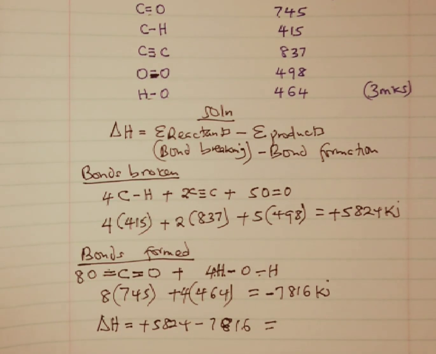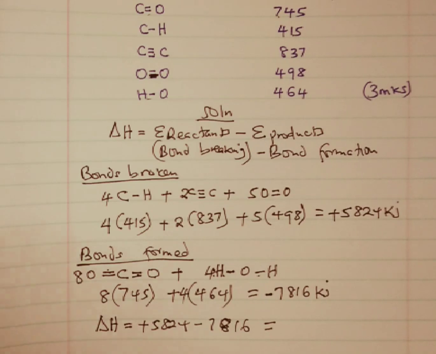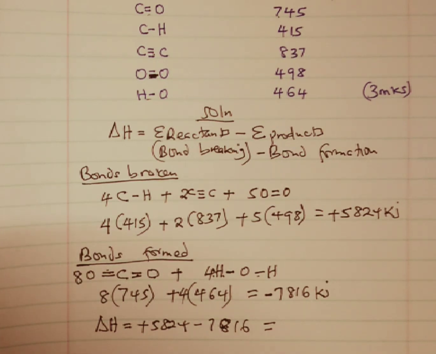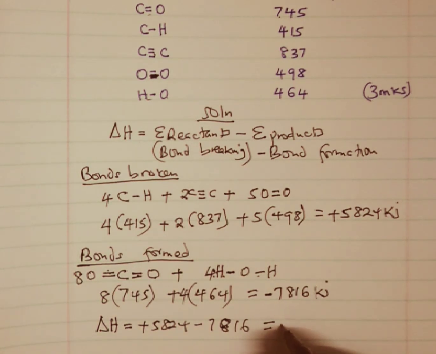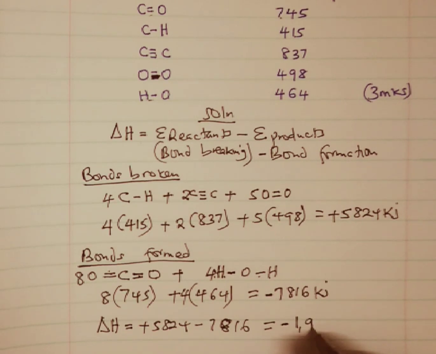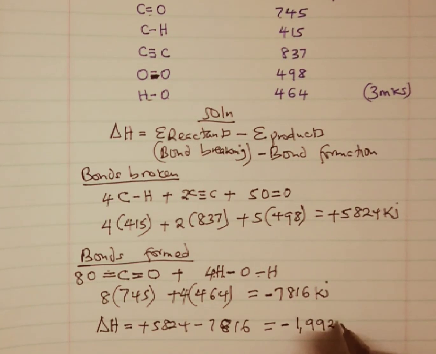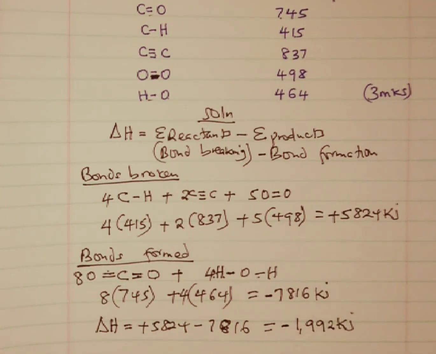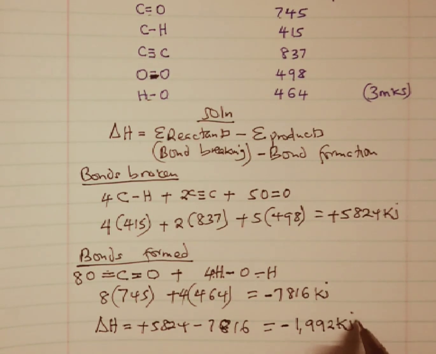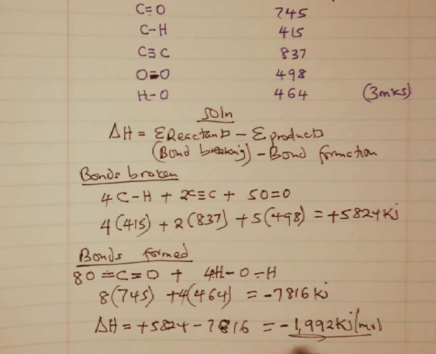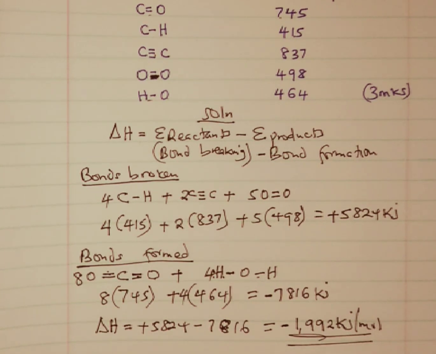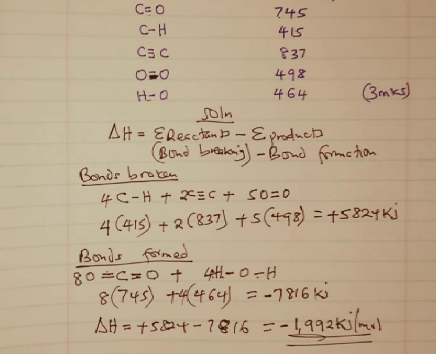That is 5824 minus 7816. This gives us an overall heat change of negative 1992 kilojoules per mole as the overall heat change for the combustion of ethane gas.